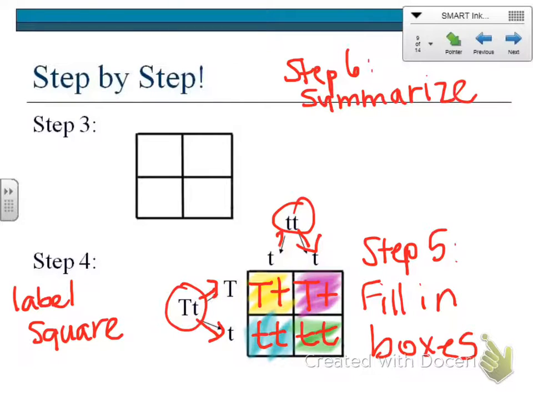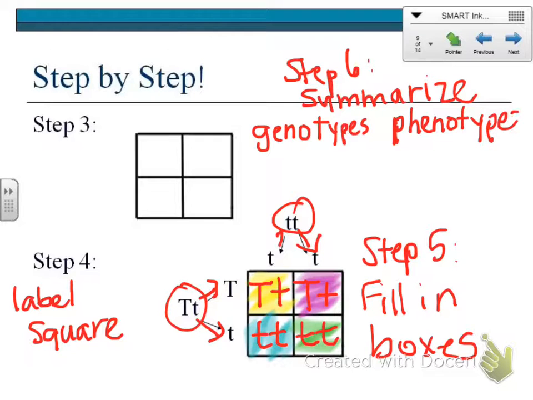You need to summarize the genotypes, and we're going to summarize the phenotypes. So 2 things we've got to summarize. Go ahead and label them.